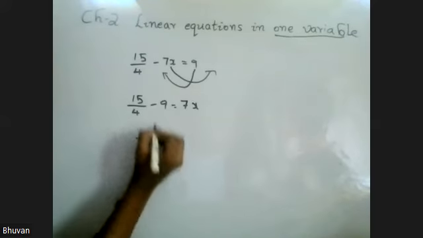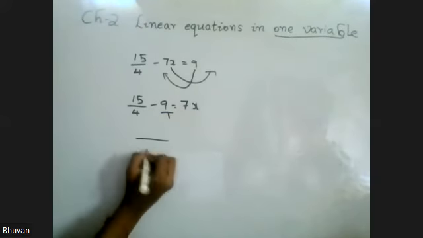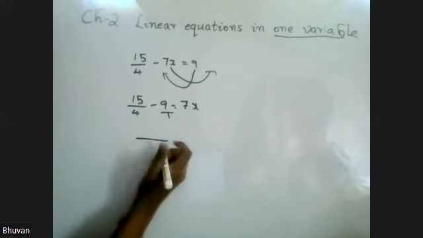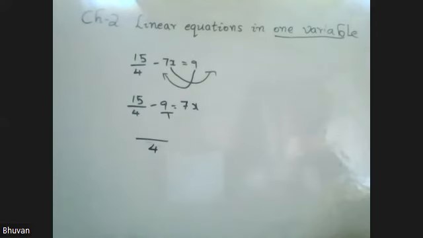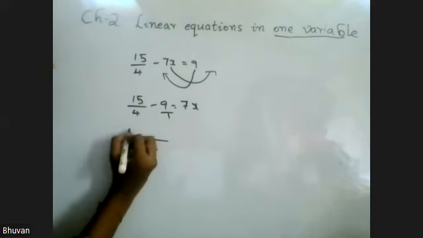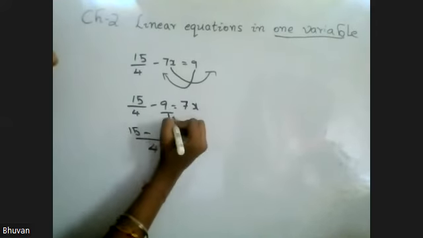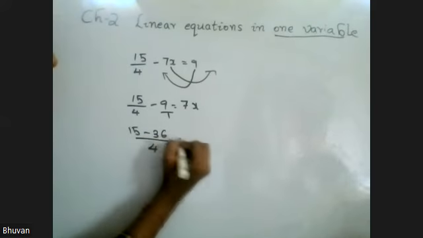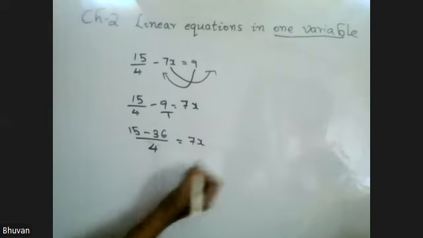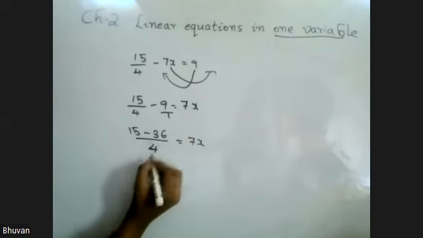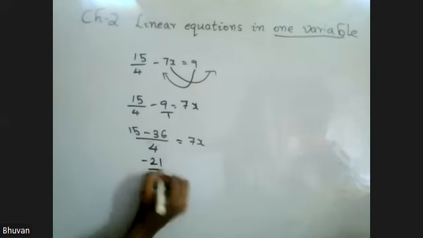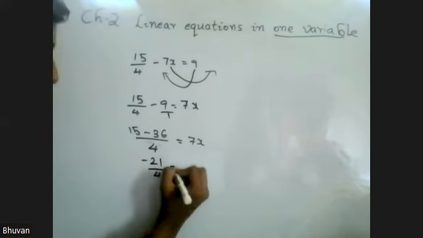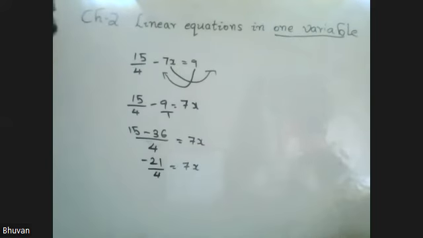Now, LCM. What is the LCM? We can take 4 as the LCM. So 15 minus 9 into 4, which is 36, is equal to 7x. 15 minus 36 is minus 21, so minus 21 by 4 is equal to 7x.